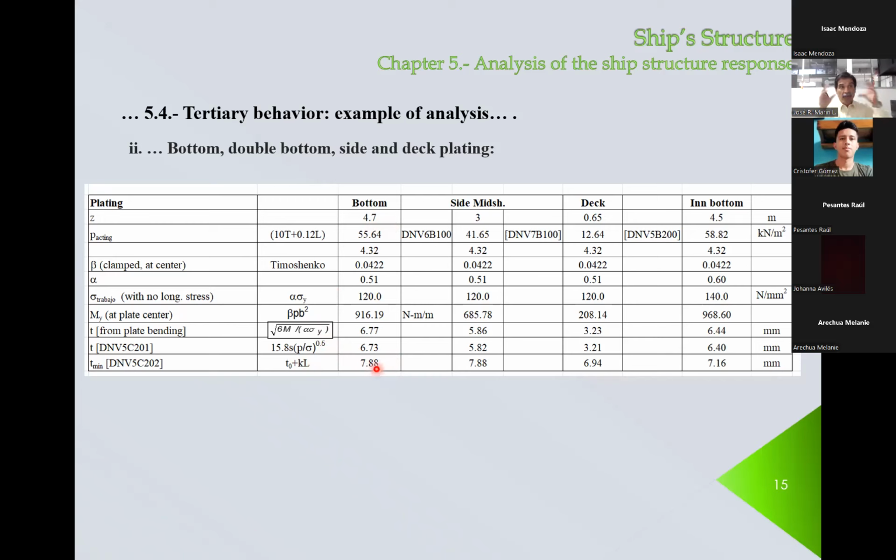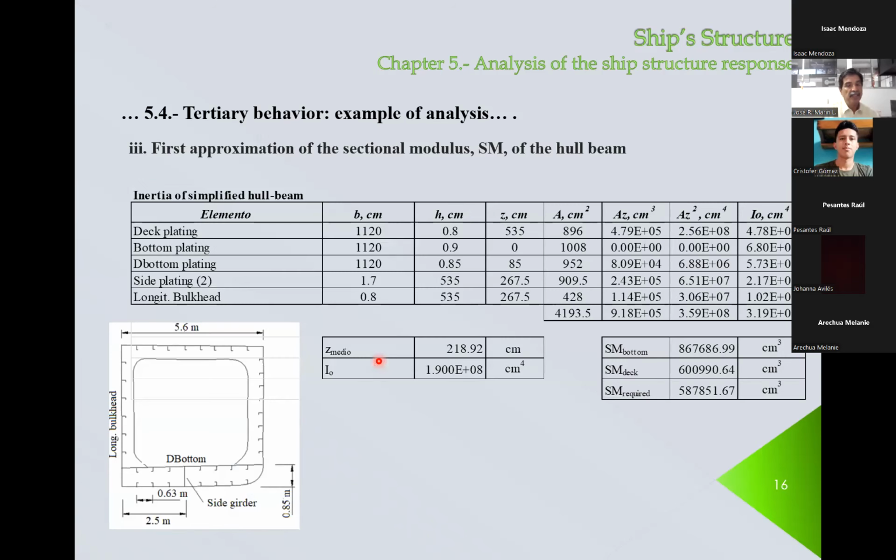So in both cases, operational or accidental, the ship has to sustain its integrity. So what we have to do is take the larger value. So we have to include this value here, 7.88. A summary of that is here.